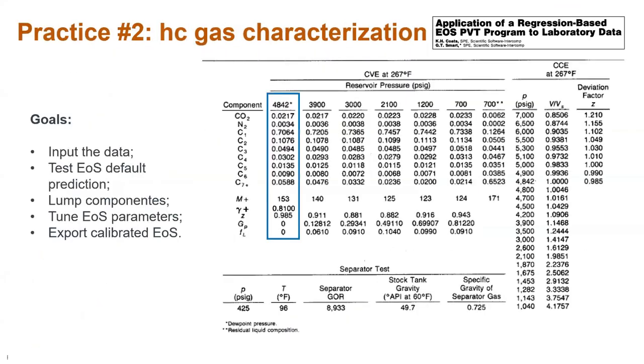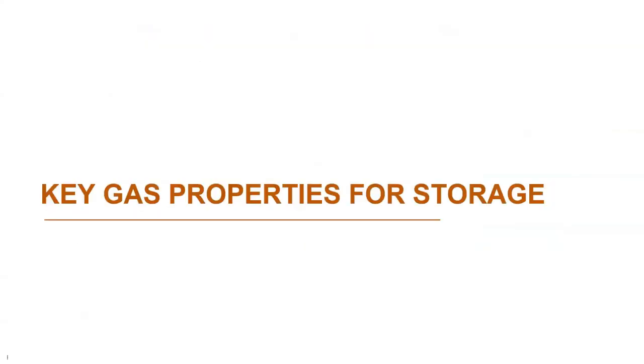And I will show you how to do this using this exercise. And we will discuss the gas properties for storage. So yesterday and today are for oil, and on Friday we'll dedicate the day to gas mixtures.